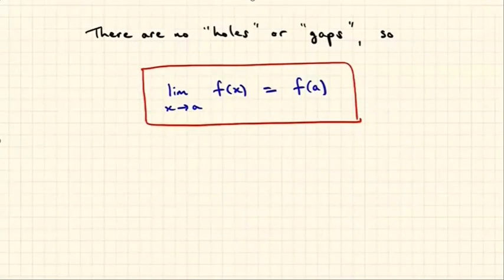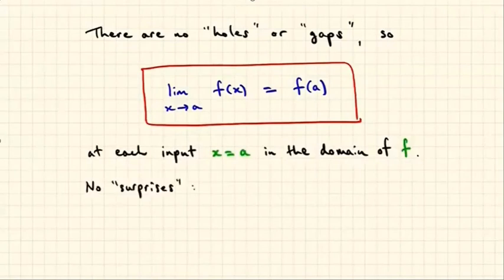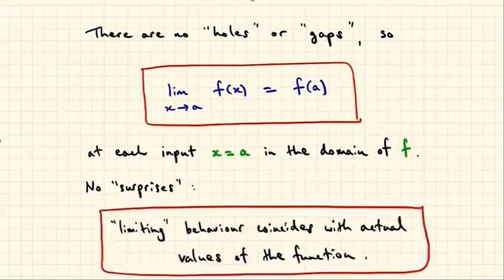And this has to work for every input x equal to a in the domain of the function. There are no surprise jumps or leaps, and you can think of any limiting behavior of the function as coinciding with the actual value of the function.